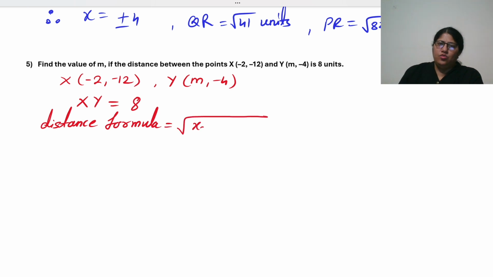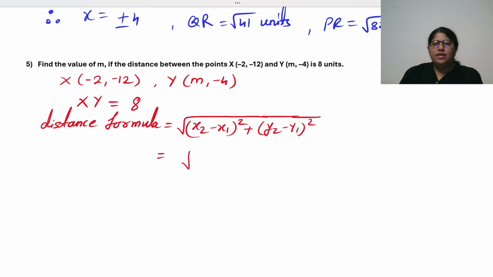It is x2 minus x1 whole square plus y2 minus y1 whole square, right? Now here if I take x2 minus x1, I take Y as x2, so XY is going to be equal to 8, right?